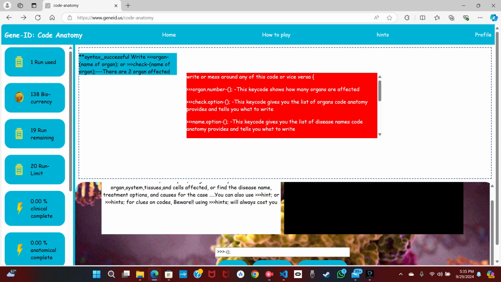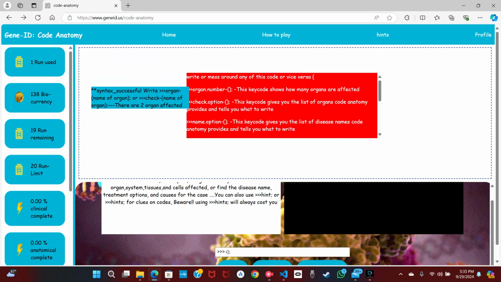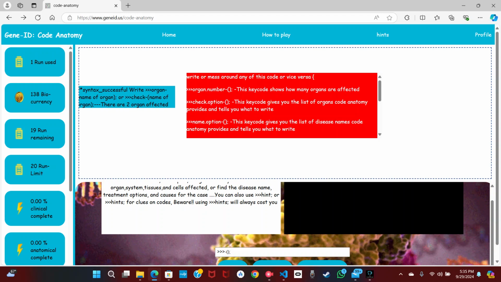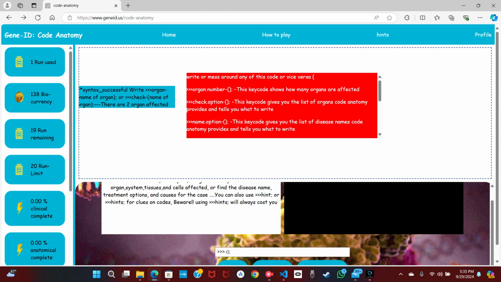Let's run this code and let's see. It says here, yeah, there are two organs affected. Okay, good. So two organs affected, and it's also saying something here: right name of organ.